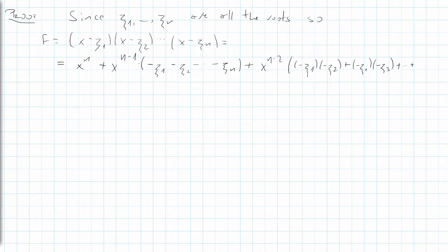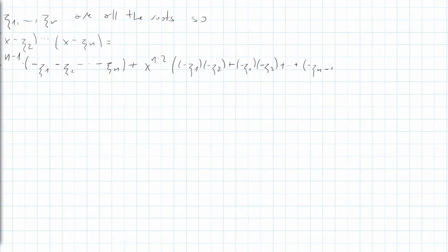The final one is minus xi n minus 1 times minus xi n. We can keep picking the elements in a different order. The constant term is obtained if we pick the xi i from every parenthesis. So it is minus xi 1 times minus xi 2 times and so on, minus xi n.